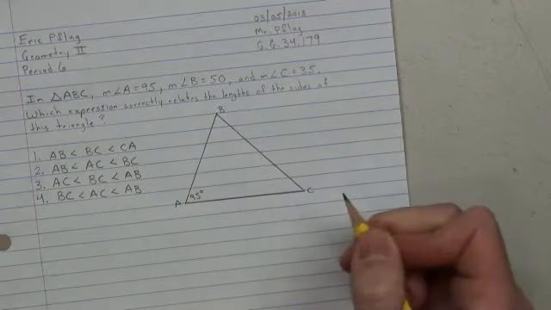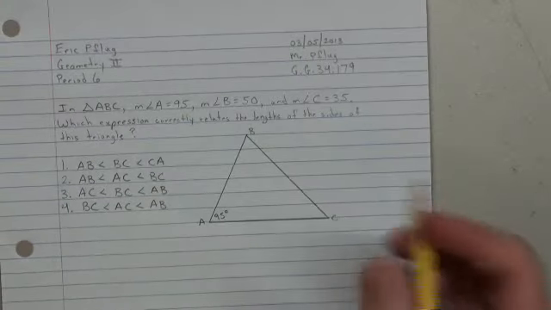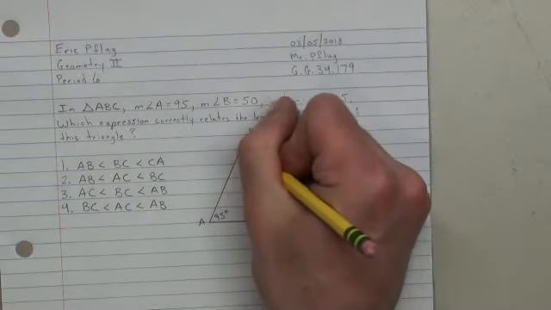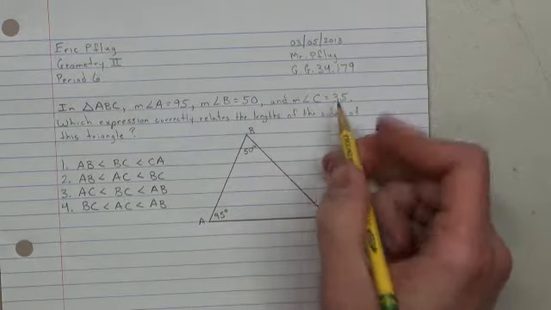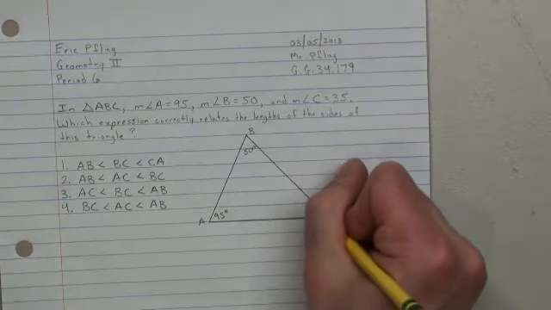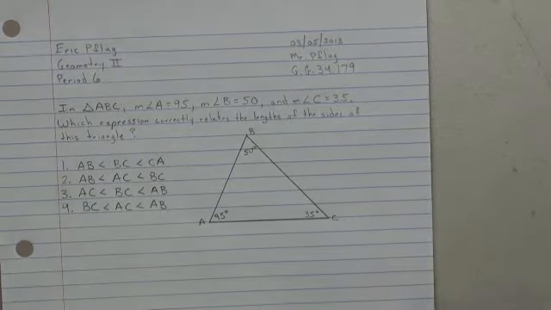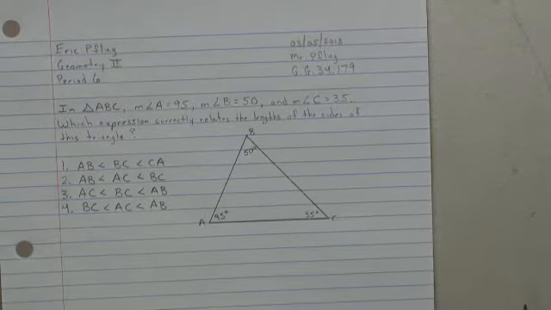Doesn't matter that it doesn't look like 95 degrees. That doesn't make a difference. Angle B is 50 degrees. And angle C is 35 degrees. Okay, which expression correctly relates the lengths of the sides of this triangle?